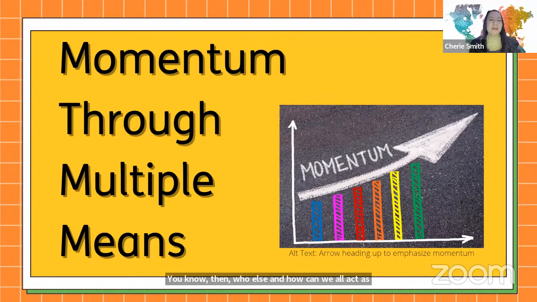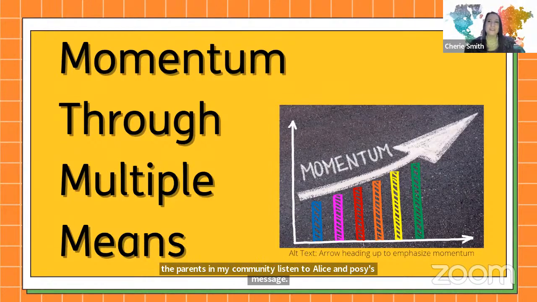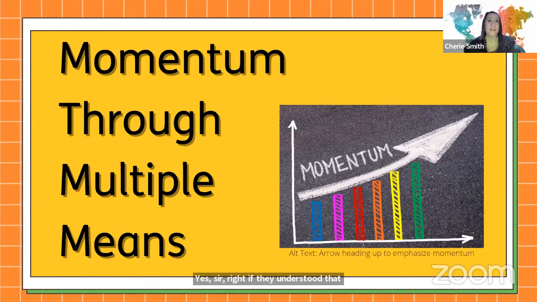So Beth and I started to think about, what are the possibilities here? If the parents in my community listen to Allison Posey's message yesterday, right? If they understood that maybe when they went through school, it doesn't have to be like that today.